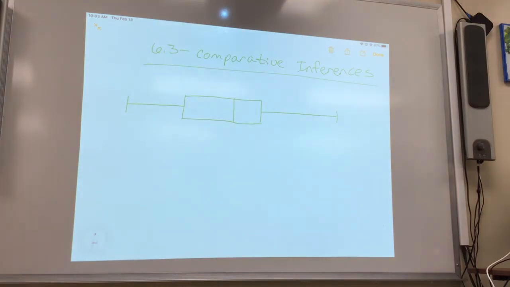Okay, this line right here, what's that called? Median. That's the median. Okay, so I'm gonna label that median.